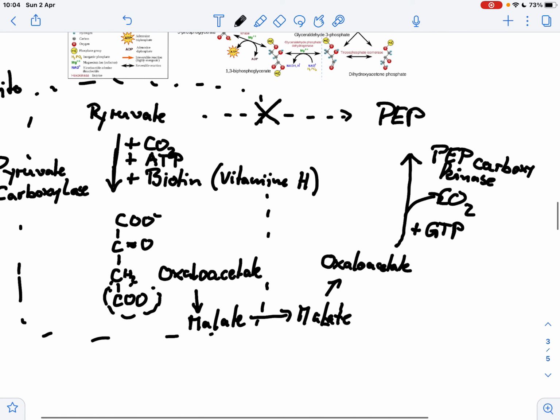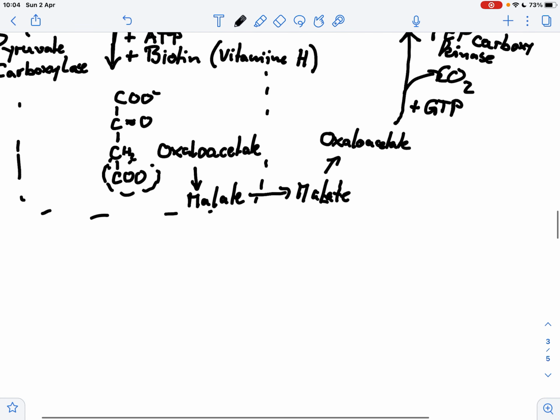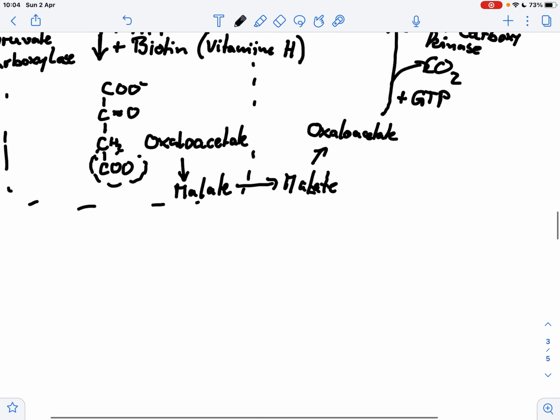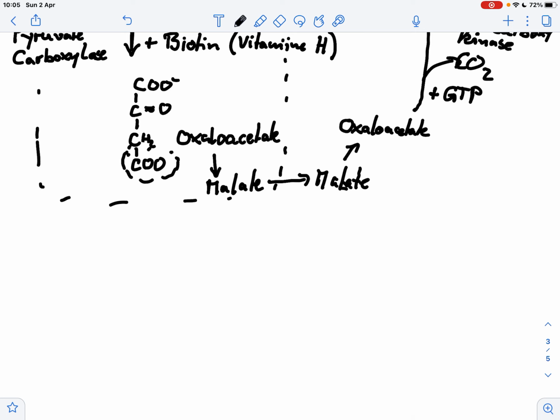The next roadblock is the conversion of fructose 1,6-bisphosphate, and we need to convert that into fructose 6-phosphate.